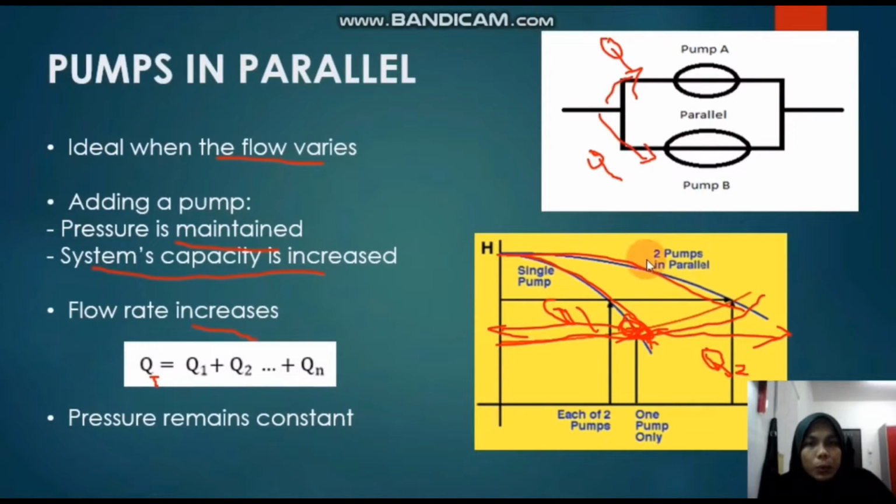The quantity of flow rate increases using the same head of pump. So that's why Q total equals Q1 plus Q2, Q3, and so on. Previously, we increased the head in the series arrangement, but now we are increasing the flow rate.